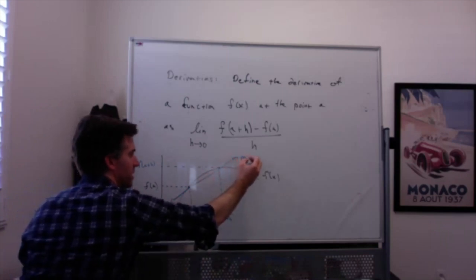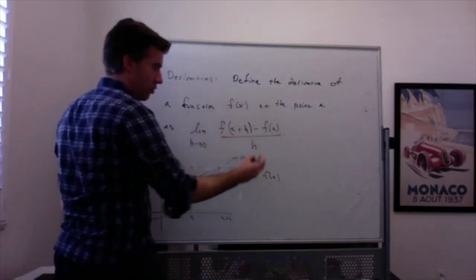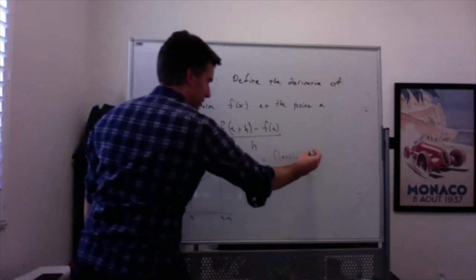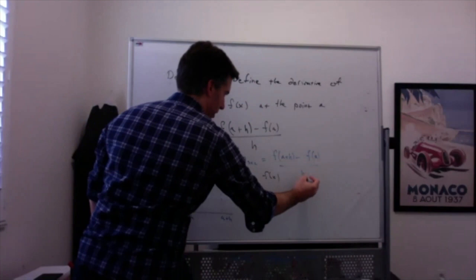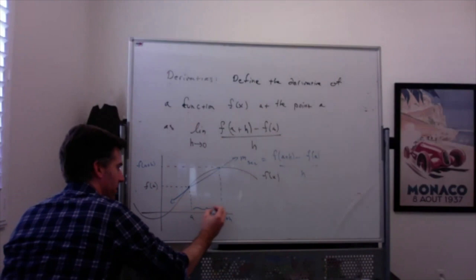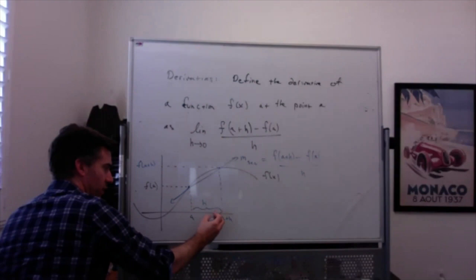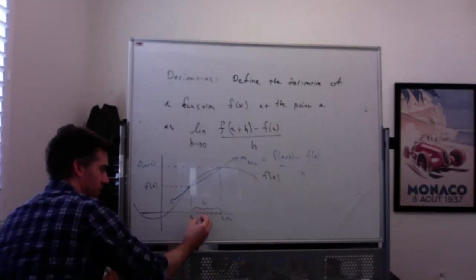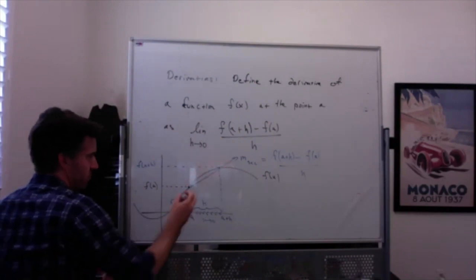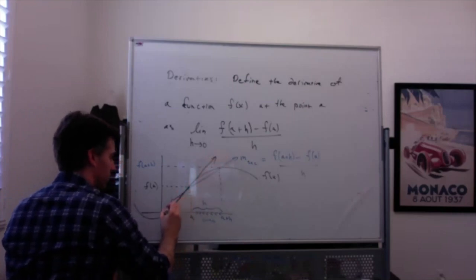The slope of that secant line is just this quotient without the limit. It's f of a plus h minus f of a all over h. And then as we let h get smaller and smaller and smaller, as we move this point over this way so that h is going to 0, this secant line becomes closer and closer to this tangent line.